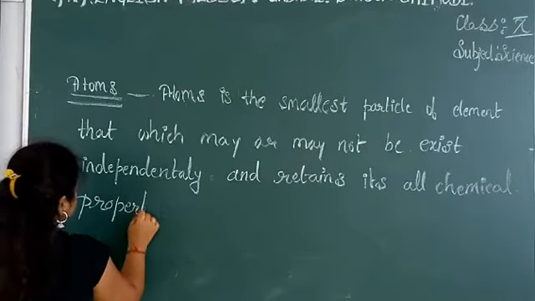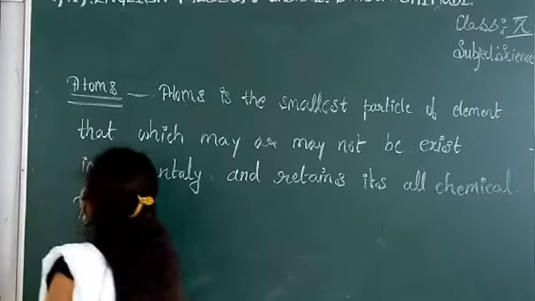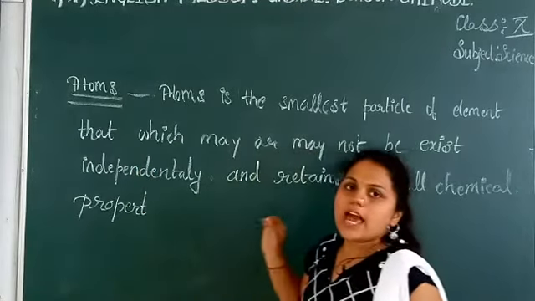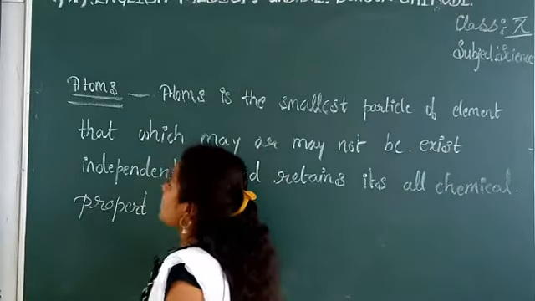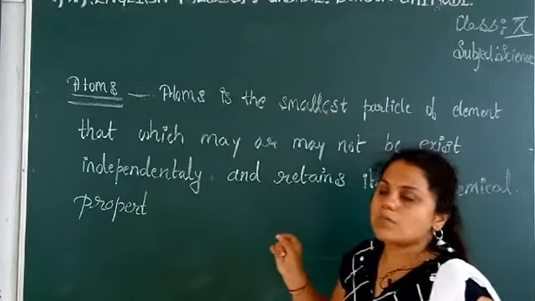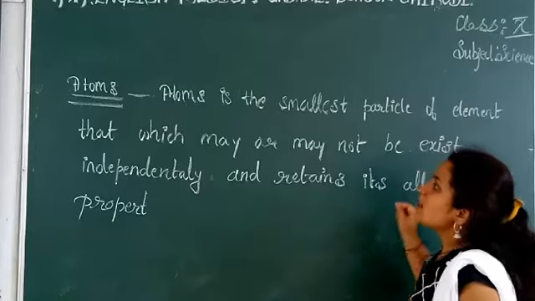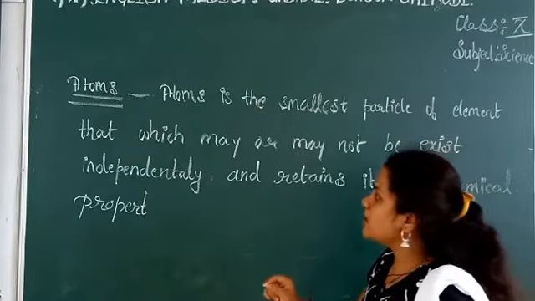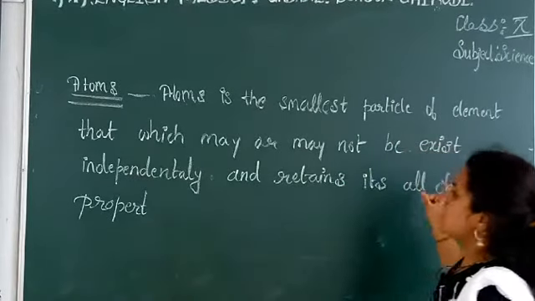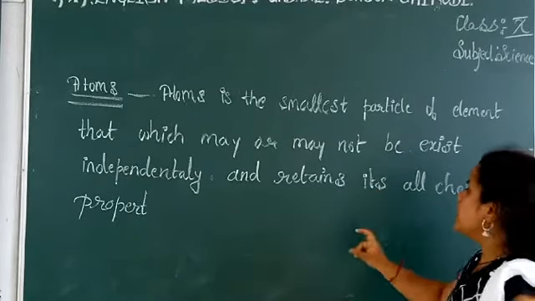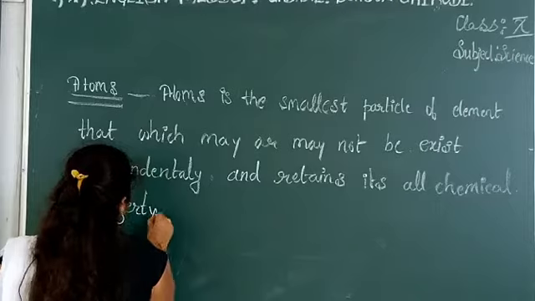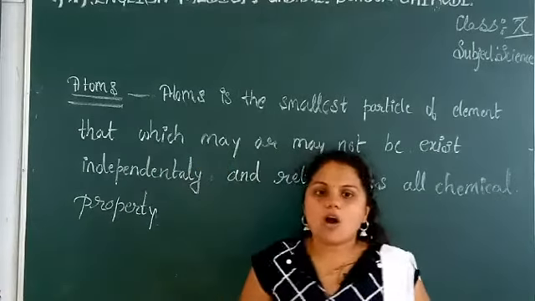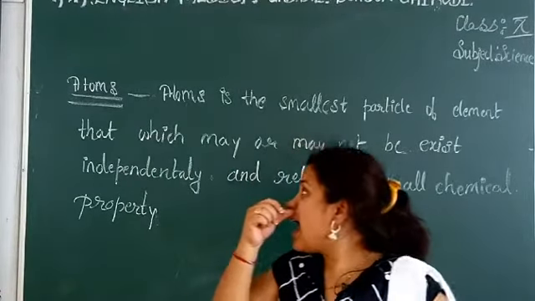It means each atom has equal properties. The element consists of metals, and the smallest, tiny particle of the element is the atom, which may or may not exist independently and retains all its chemical properties. So this is the common definition of atoms.